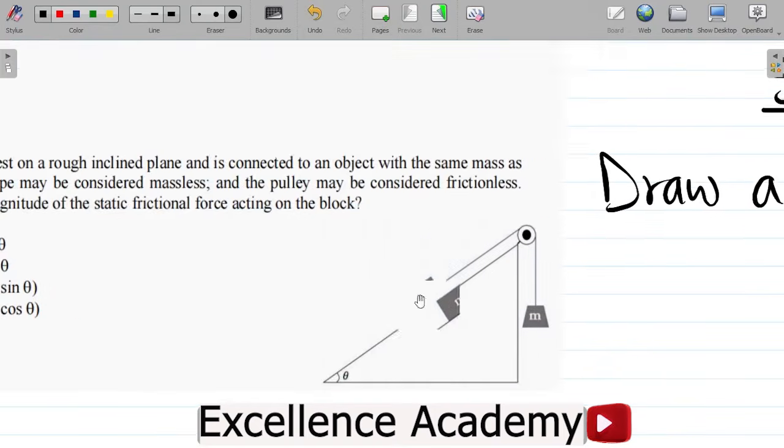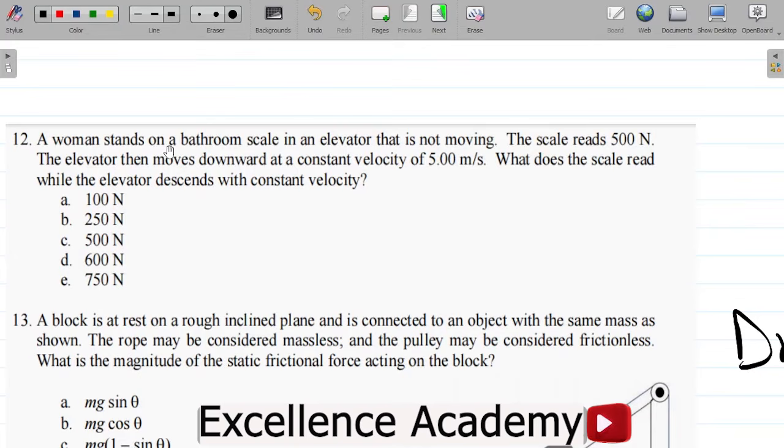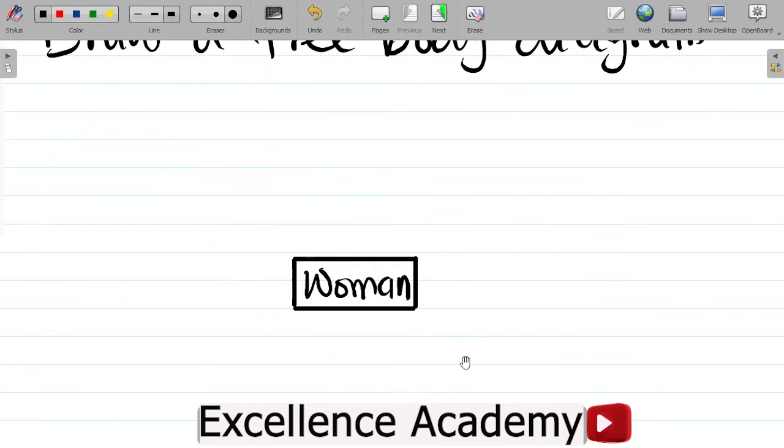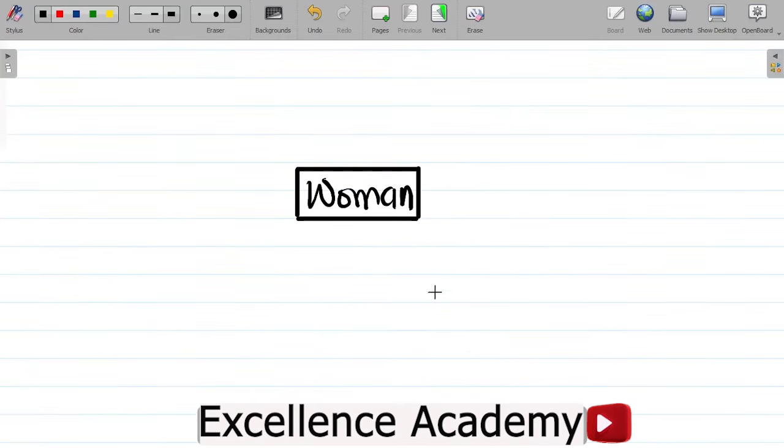Now, going back to the question, they said she was standing on a bathroom scale in an elevator that is not moving. When she stands on a bathroom scale in an elevator that is static, what are the forces acting on her? Obviously, her weight will be acting downwards. That's the first in there.